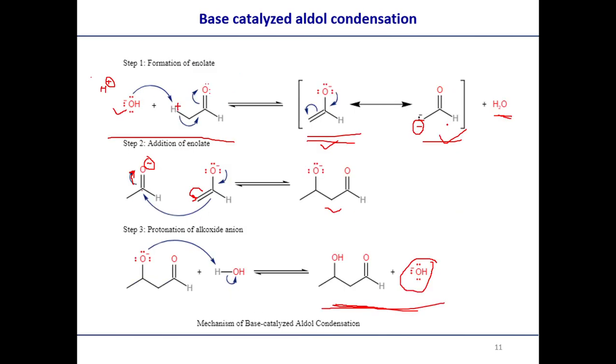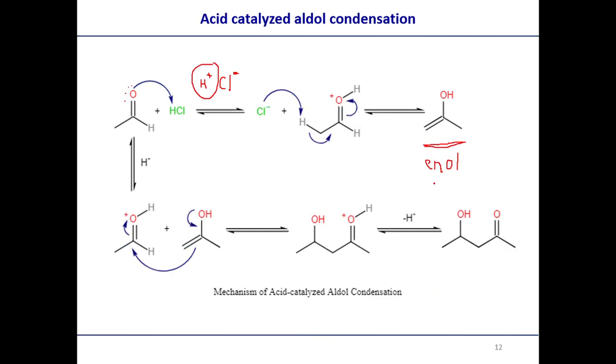Here we have the ion form. Enolate, enolate ion. Here it is enol. Okay. Remember this: in base catalyzed reaction, enolate formation takes place, and in acid catalyzed reaction, enol is forming.